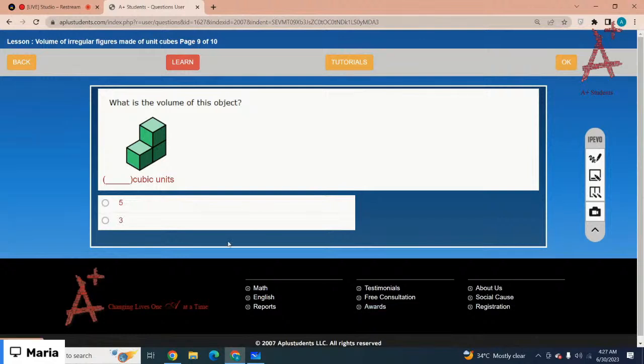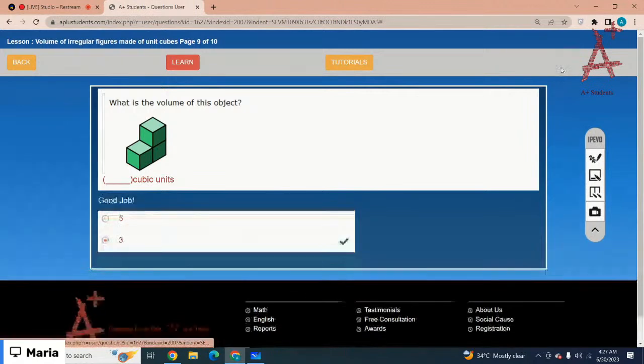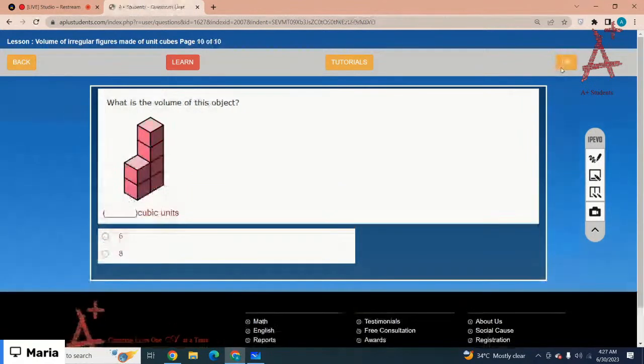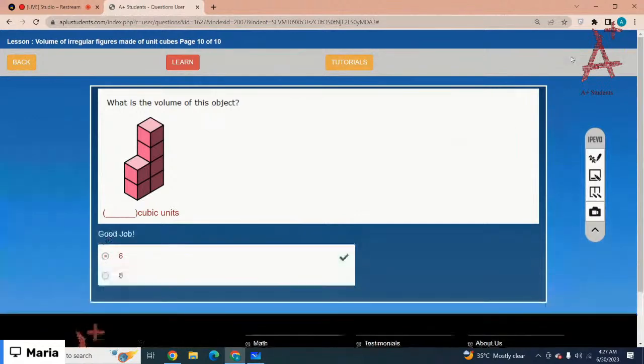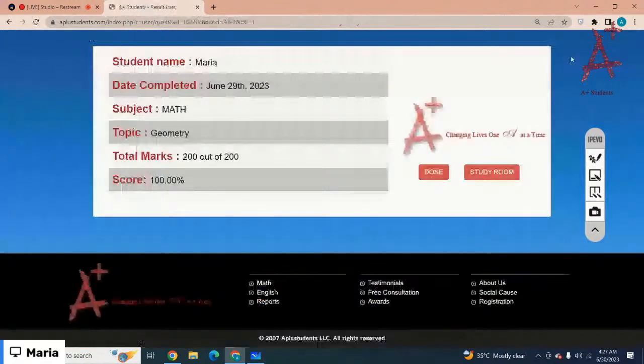For this one, it is 3. What is the volume of the object? This is 6. Okay, we're done with the lesson. Let's start with the next one.